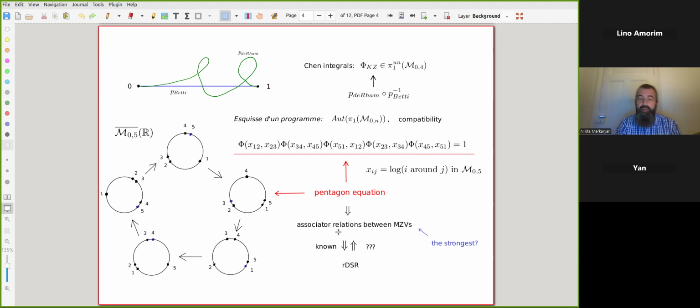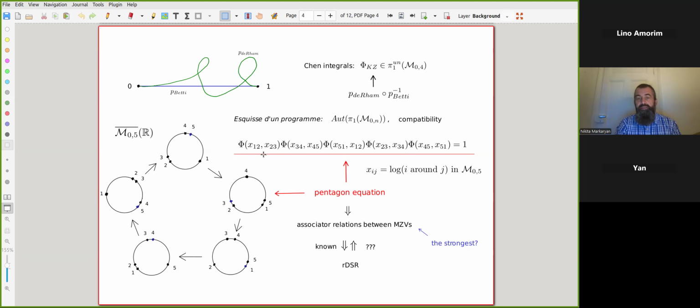But categorically, these variables xij, what are they? No, what do you mean categorically? xij are elements of the group ring of M05, it's the logarithm.